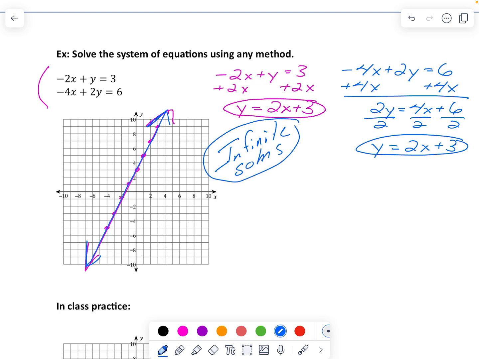right? Infinite solutions. Well, just like last time, what if instead of graphing and putting them in slope-intercept form, we try to solve it by elimination? So let me put my two equations here.